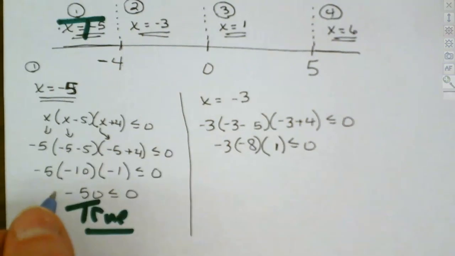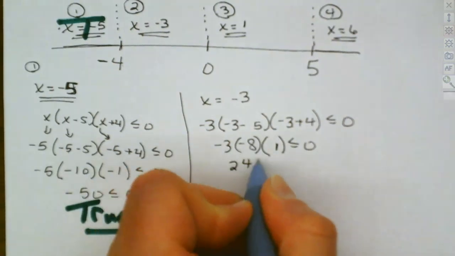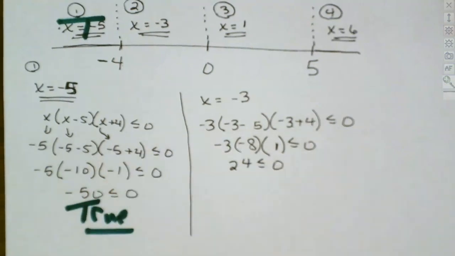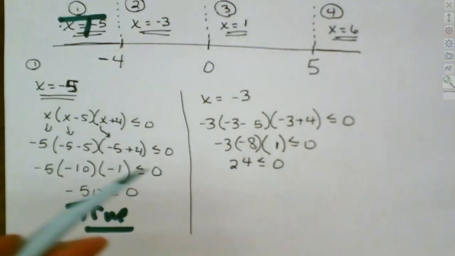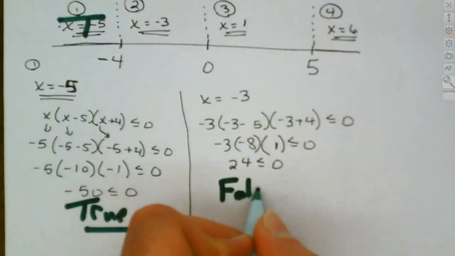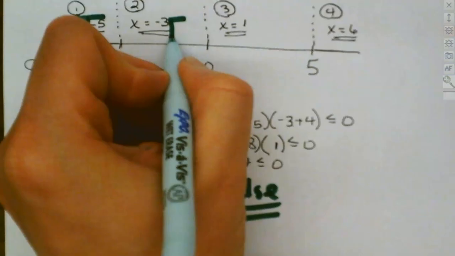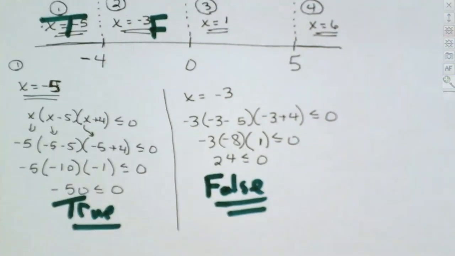Double negative makes it positive. 3 times 8 is 24. And is 24 smaller than 0? No. 24 is not smaller than 0. So then that one is false.